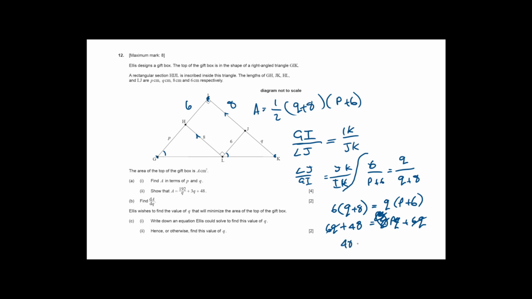So 48 must be equal to PQ. So P must be equal to 48 over Q. And now we have P in terms of Q. So now we can put this in here.